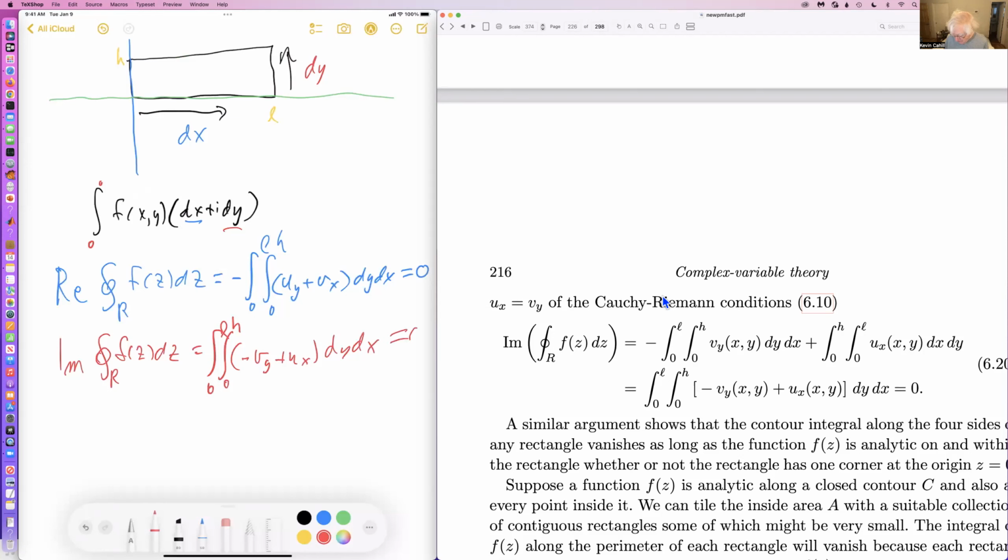And by the Cauchy-Riemann conditions, that's 0. So that shows you that an integral around a rectangle, as long as you're in a region of analyticity, where the Cauchy-Riemann conditions hold, vanishes.